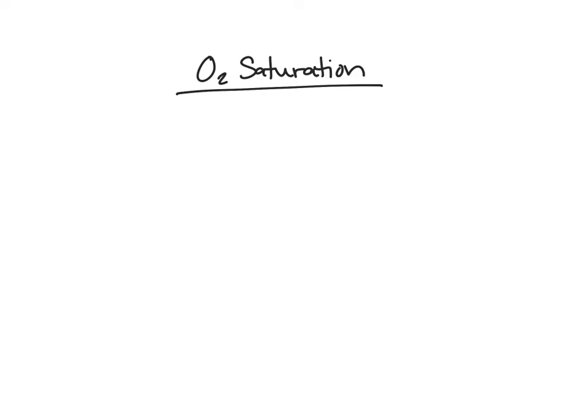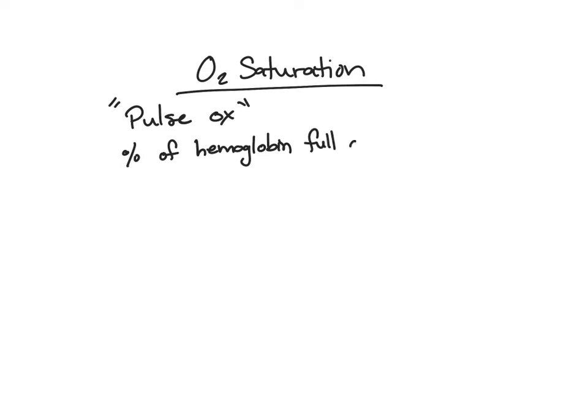The oxygen saturation is what we commonly call someone's pulse ox. And this is the percent of your hemoglobin that is full or saturated with the oxygen. The nice thing about oxygen saturation is that we can measure it indirectly with the use of that red light being transmitted through a patient's skin.